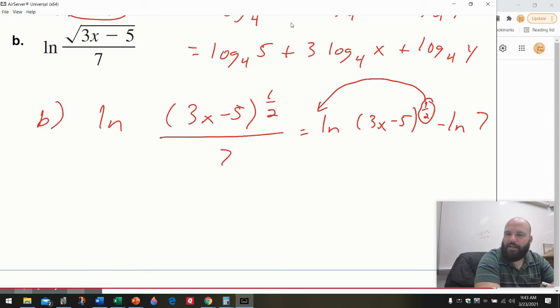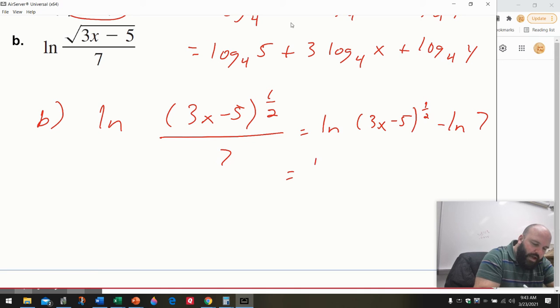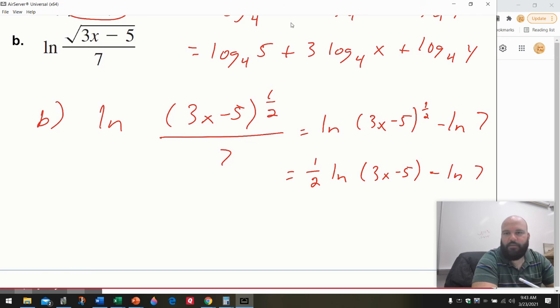That's why we want that written as a power and not a square root. So taking that 1/2, we will get 1/2 natural log 3x minus 5 minus natural log of 7. And there we go. That's our final answer.